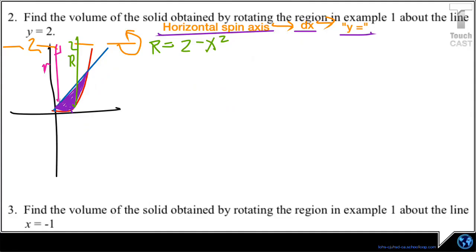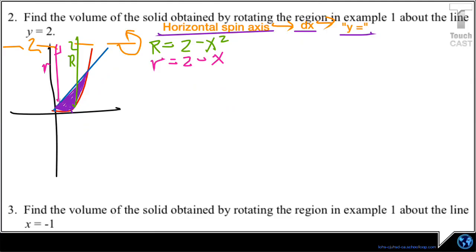Then for the small radii, lowercase r, again, I want to take the top function that it touches, which is the horizontal spin axis 2, minus the blue function, because that's the other function it touches, which is x.